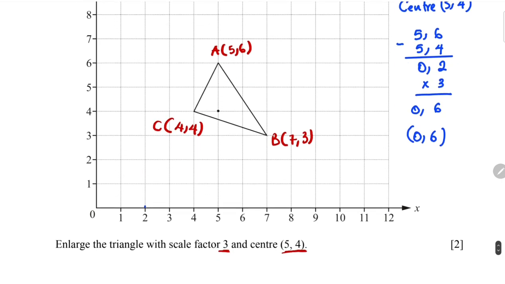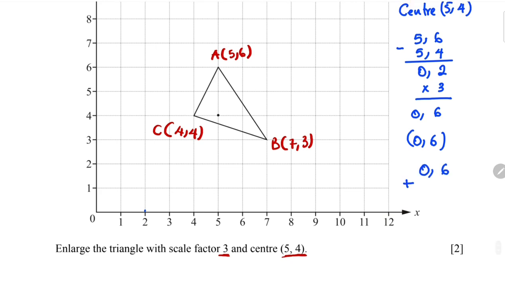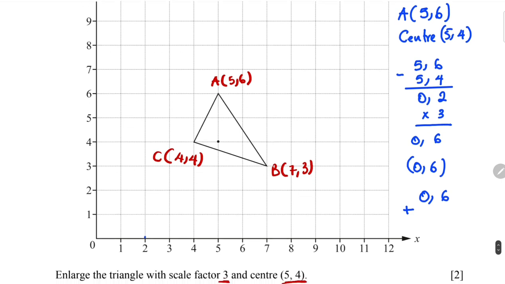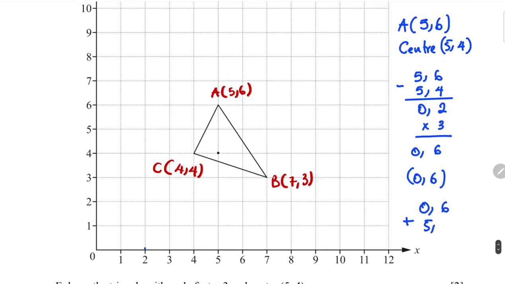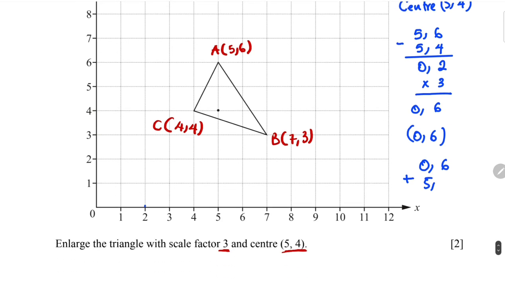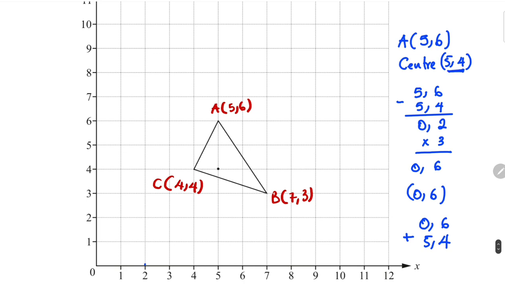Now, the next thing to do is to add this 0, 6 to the coordinate of A, which is 5, 6. Sorry, you are not adding it to the coordinate of A, you are adding it to the center.